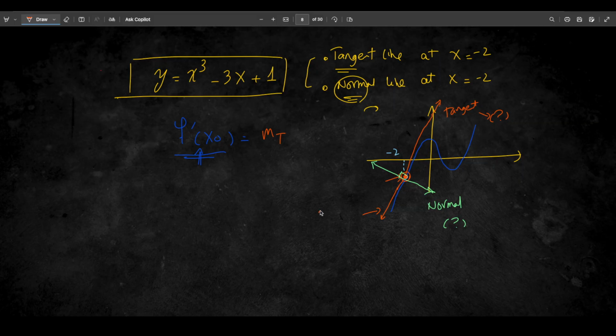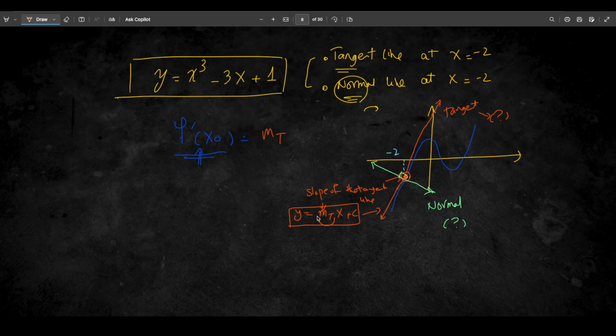This line has an equation mt x plus c. And what I mean by mt is the slope of the tangent line. Okay, so this line has an equation like any other line on the Cartesian plane.